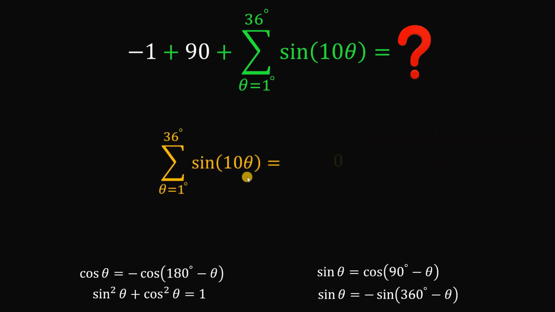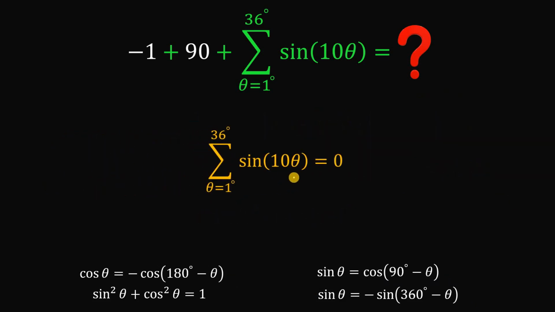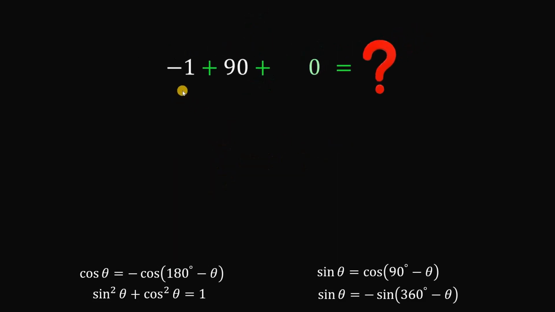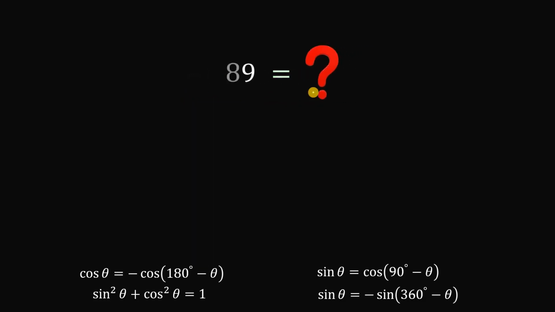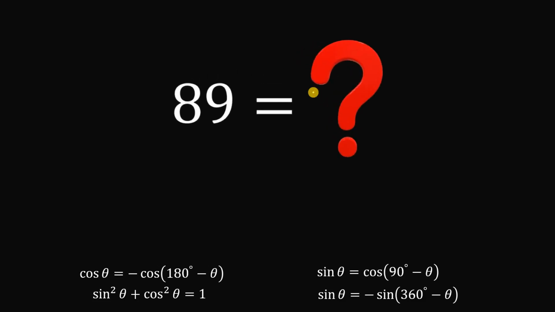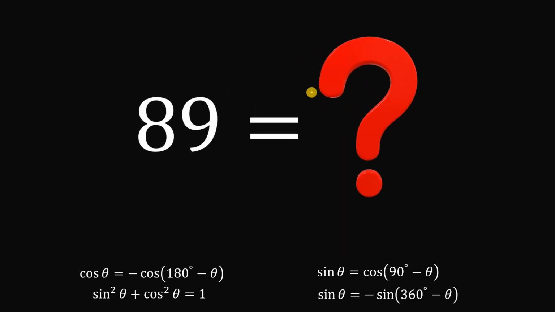Therefore, the value of the summation of sine of 10 times theta, wherein theta goes from 1 degree up to 36 degrees, must be equal to just 0. So, our expression becomes negative 1 plus 90 plus 0. And if we add these three numbers, we get 89. And that is the answer to this question.